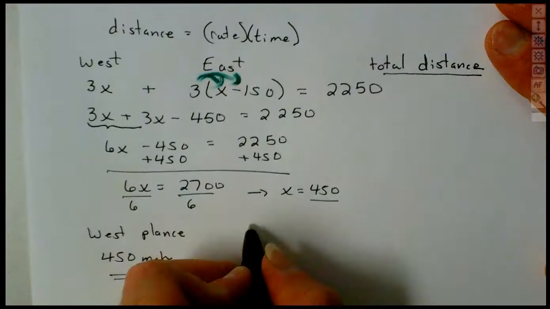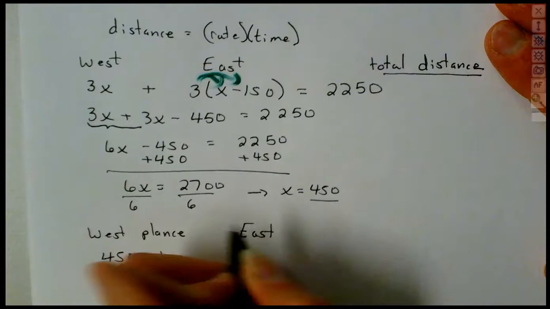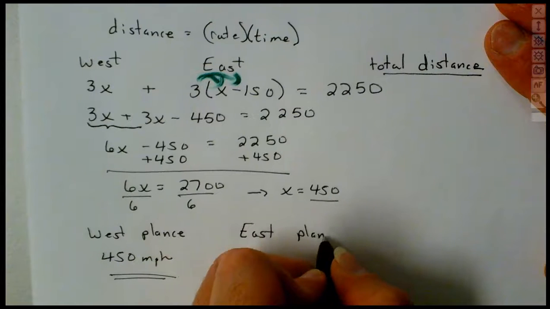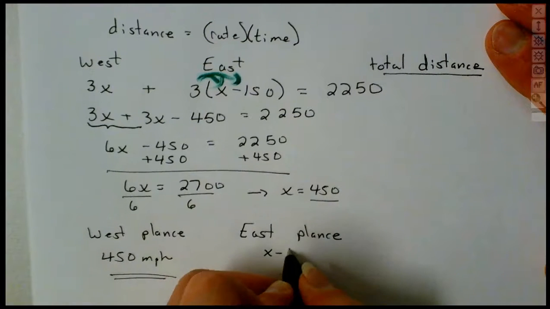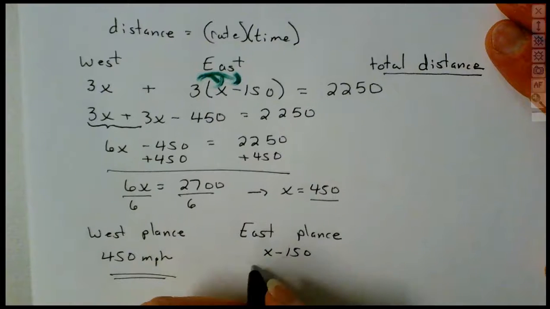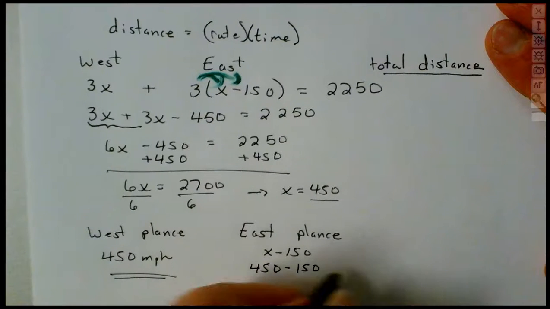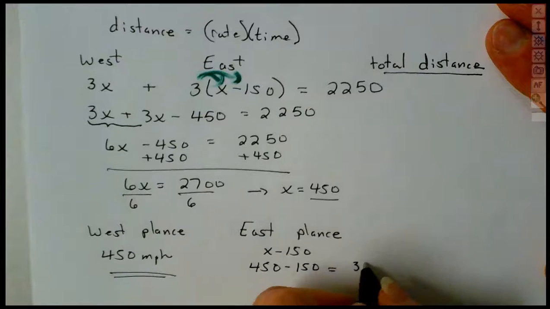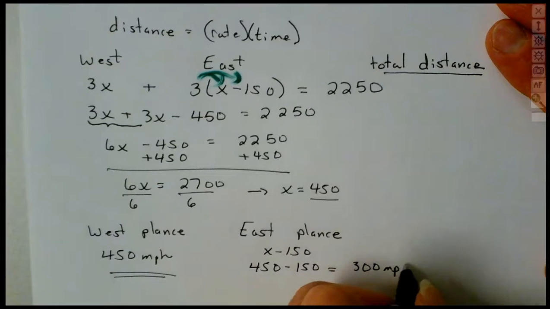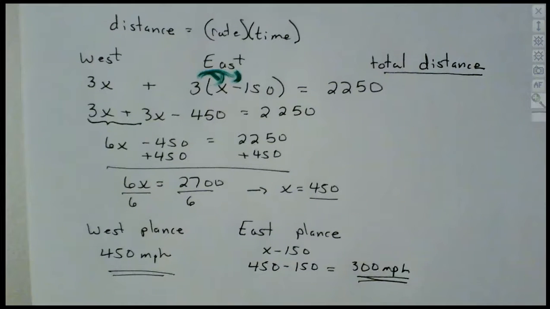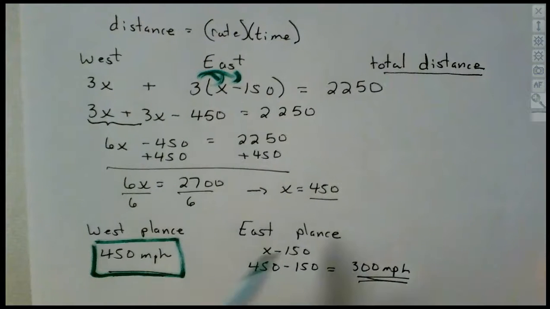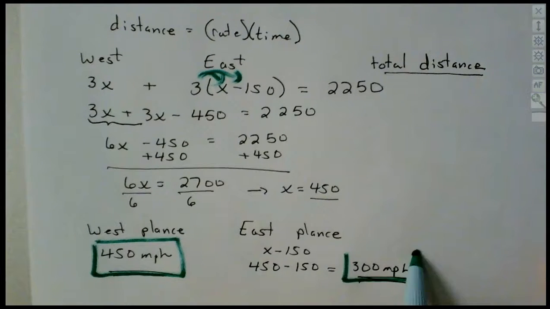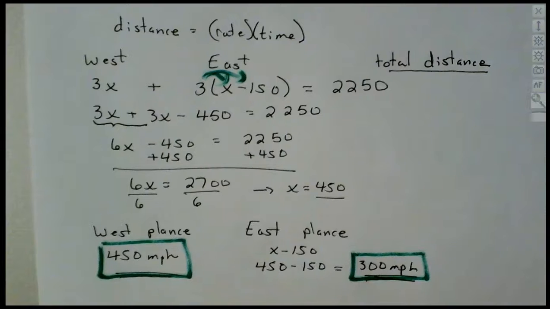So the eastern airplane here is going to be x minus 150. So that's 450 minus 150. And that gives you then 300 miles per hour. So you've got 450 miles per hour for the western airplane, 300 miles per hour for the eastern airplane.